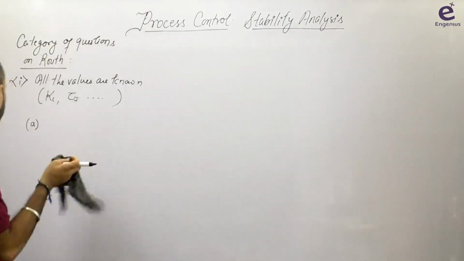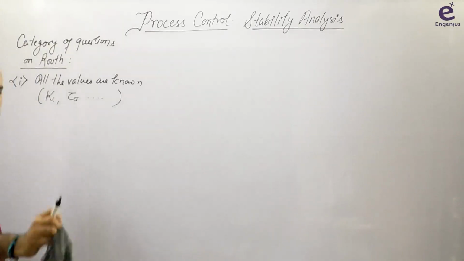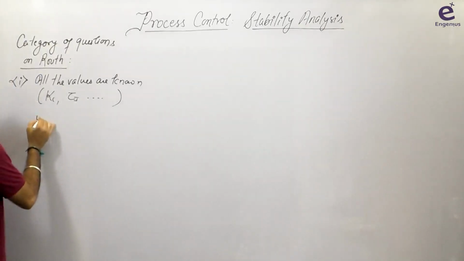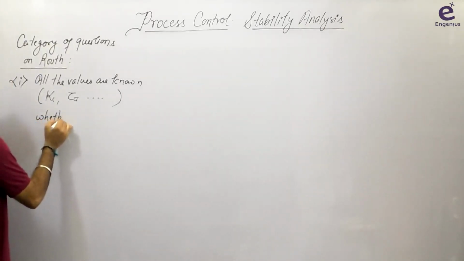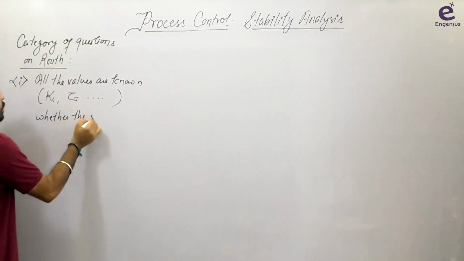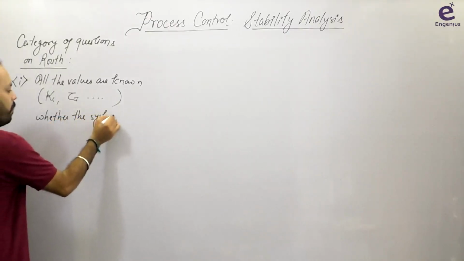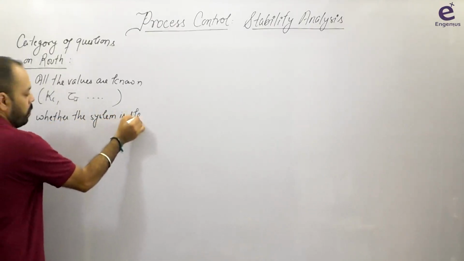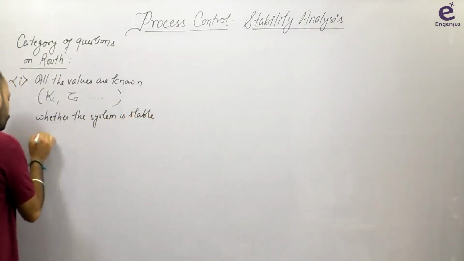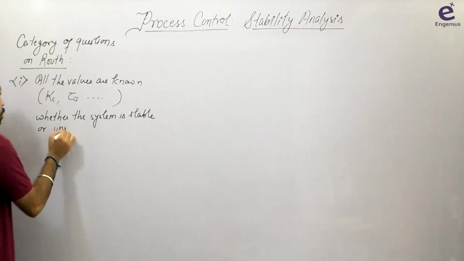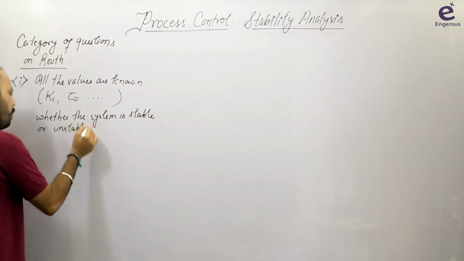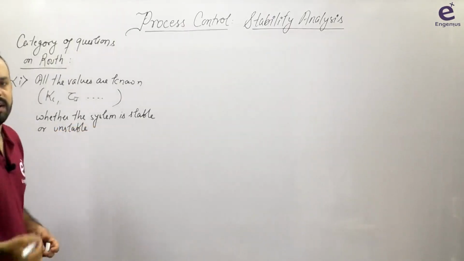In this case, there will be only one subcategory. They are going to ask whether the system is stable or not: stable, unstable or critically stable. I mean, they will give you Kc and ask about stability.